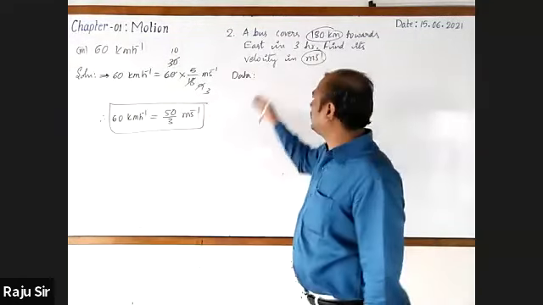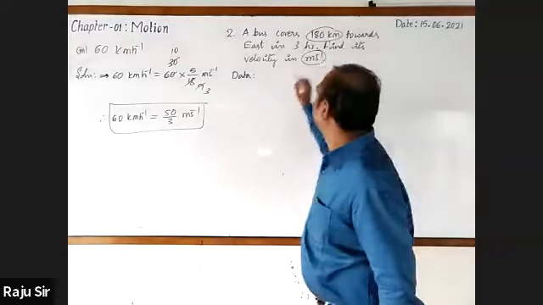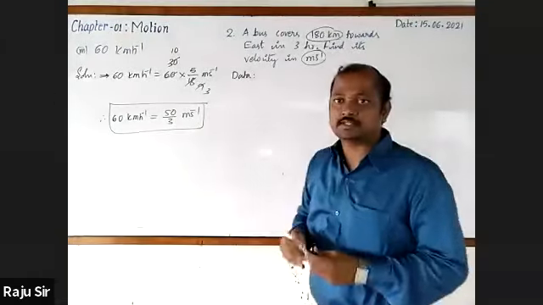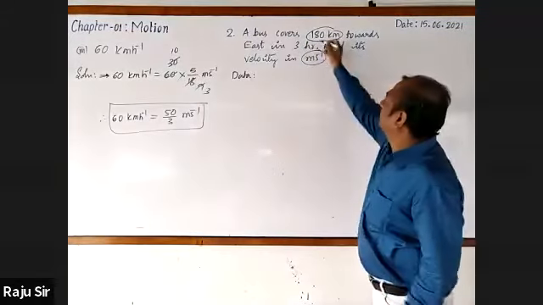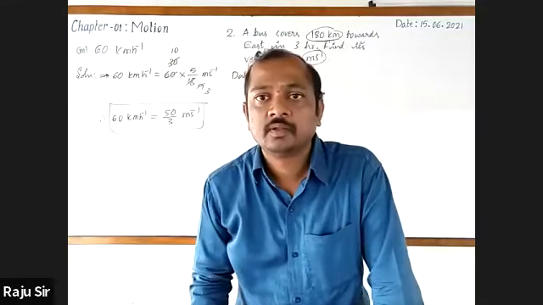So first, let me write the given information. Look at the board. A bus covers 180 kilometers towards east. Sai Gaurav, here what does 180 kilometer indicate? Distance. Very good. Distance, you may take even displacement.